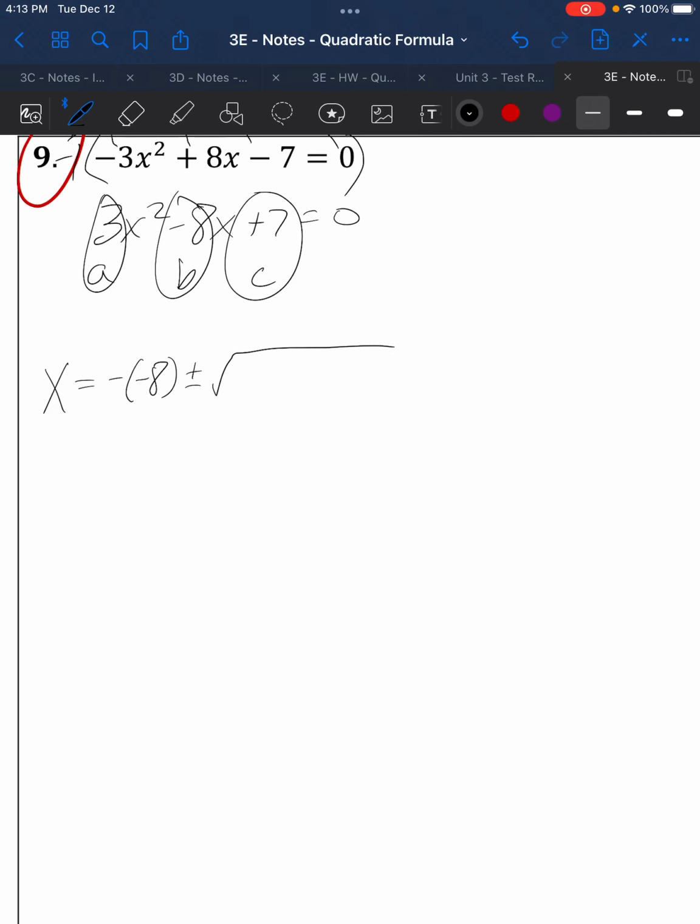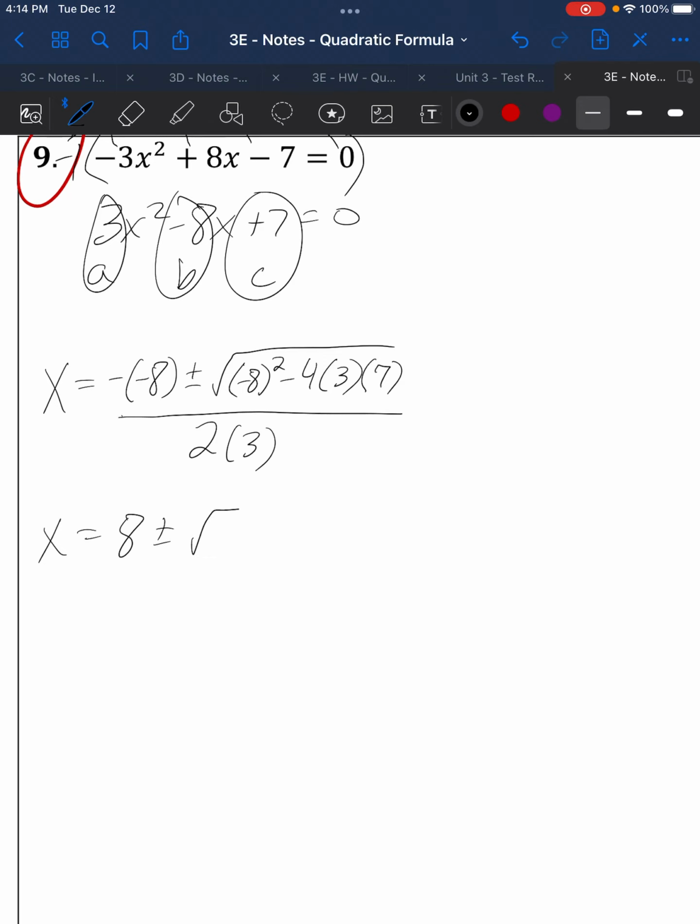So x equals the opposite of negative 8, plus or minus square root of negative 8 squared minus 4 times a times c, all divided by 2 times a. We get x equals the opposite of negative 8 is positive 8.